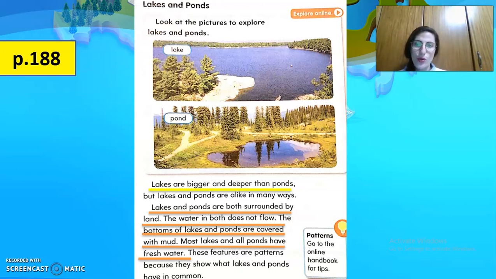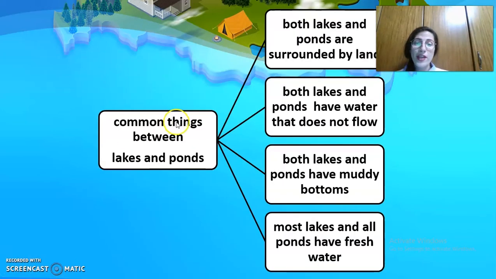So let's go quickly. What are the common things between lakes and ponds? Both lakes and ponds are surrounded by land. That's 1. 2. Both lakes and ponds have water that does not flow. It's a still body of water. It stays in its place. 3. Both lakes and ponds have muddy bottom. Most lakes and ponds have fresh water.